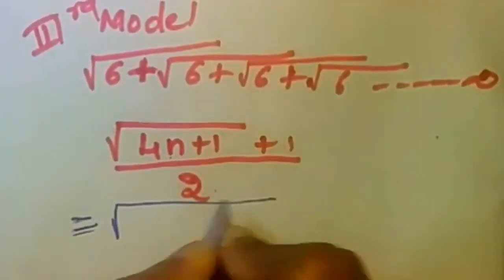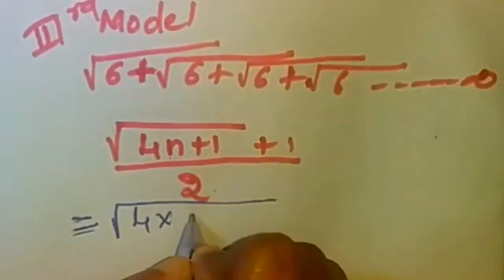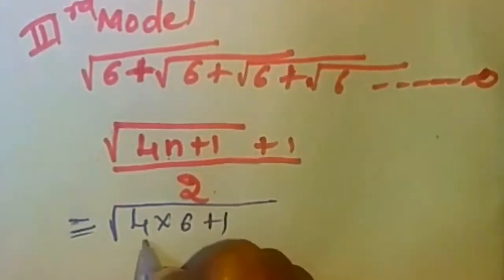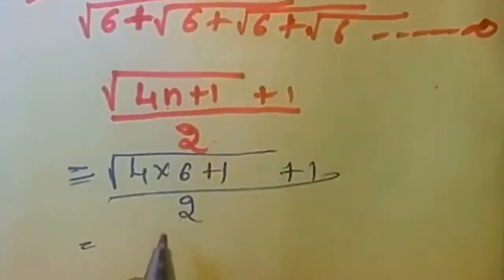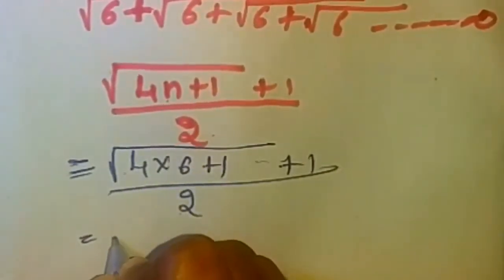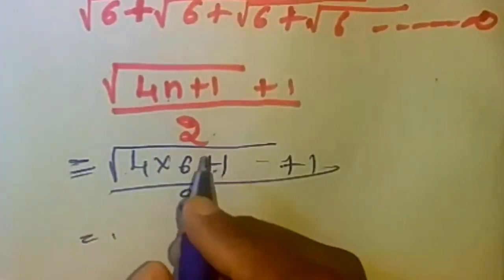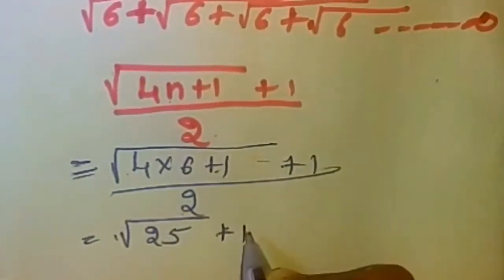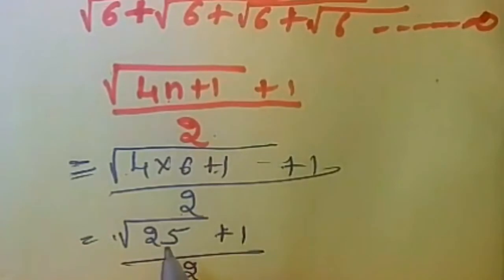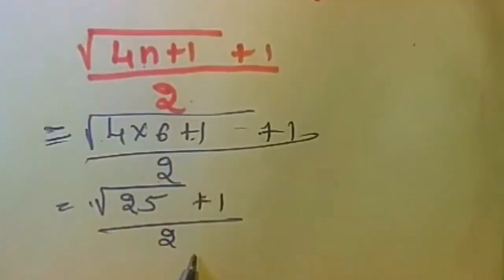Under root 4 into 6 plus 1, plus 1, divided by 2. How much will it be? 6 4s are 24. 24 plus 1, 25. So under root of 25, plus 1, divided by 2. Under root 25 means, what is the value of root 25?